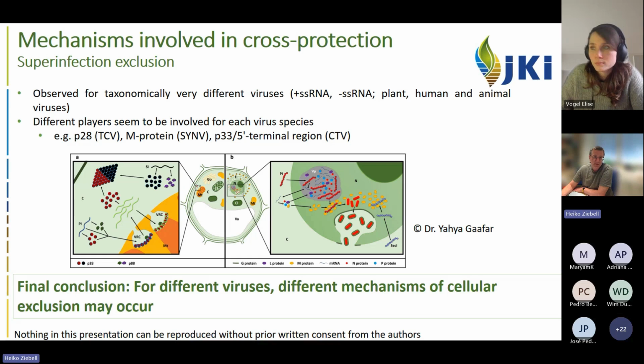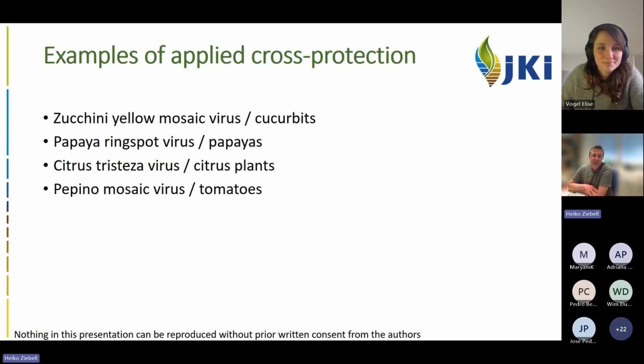Just a little bit of background, what we are talking about. But cross-protection has been quite successfully used in many cases to protect against crop losses, for example, yellow mosaic virus in cucurbits, papaya ringspot virus in papayas, and citrus tristeza virus in citrus plants.